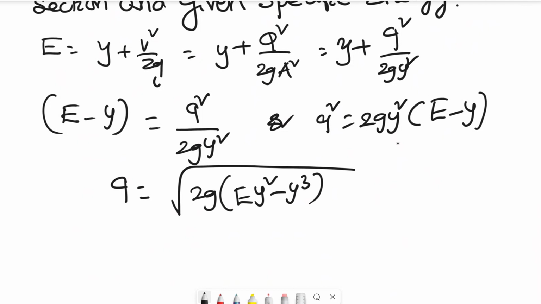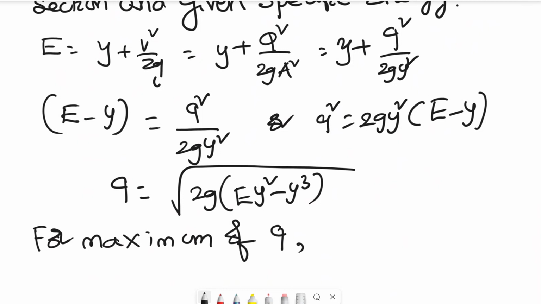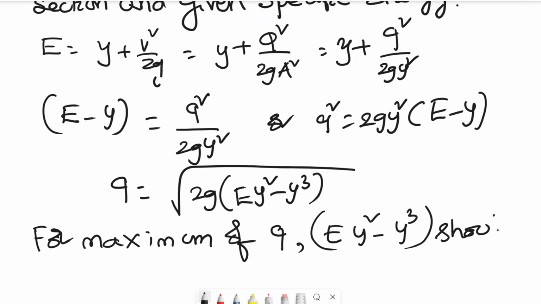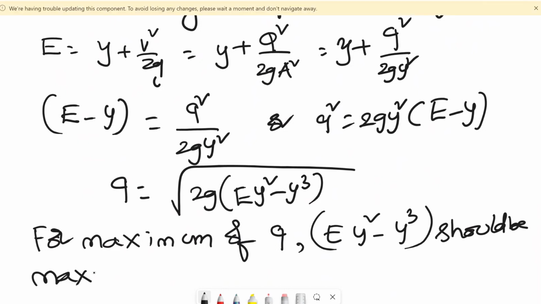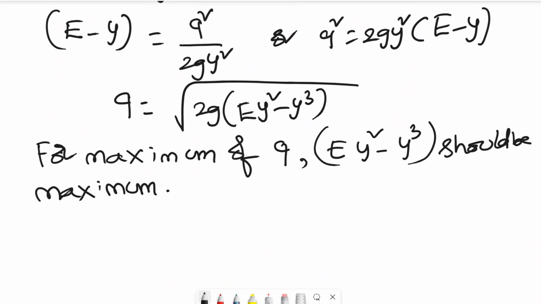If it goes inside, it is Ey square minus y cube. Perfect. So for maximum of q, Ey square minus y cube should be maximum, because g is constant.